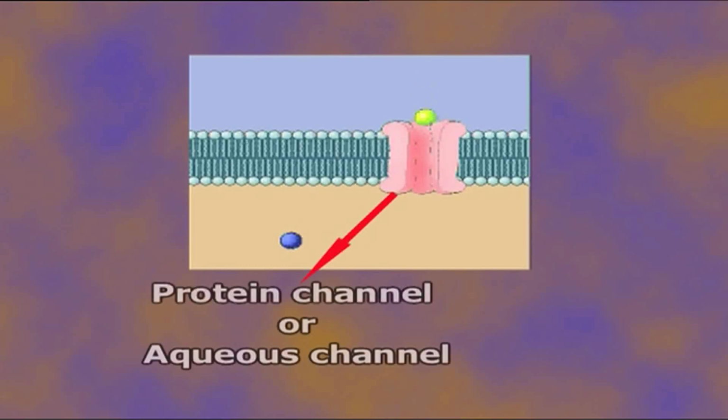Number 2, protein channels or aqueous channels. Perhaps the simplest case of passive transport occurs where membrane proteins form channels through the lipid membrane. These either involve only one transmembrane protein or clusters of integral proteins.